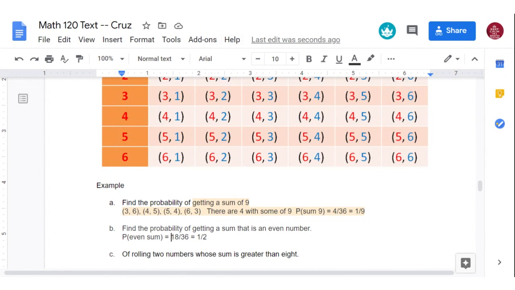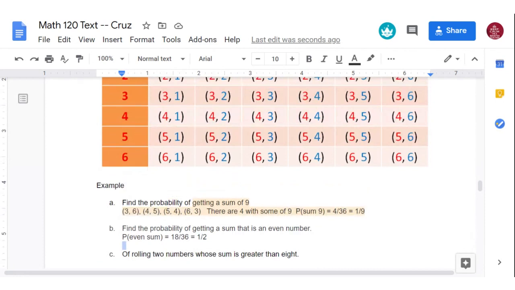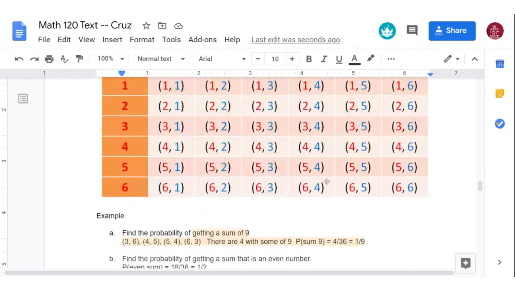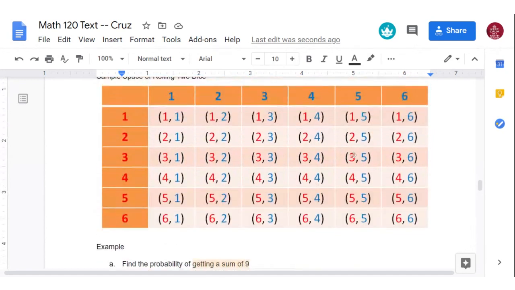All right, so now we've got the sum of two numbers which is greater than 8. Again, the good thing about seeing them is you can kind of pick out a pattern. All right, so now we want greater than 8, so not including 8.